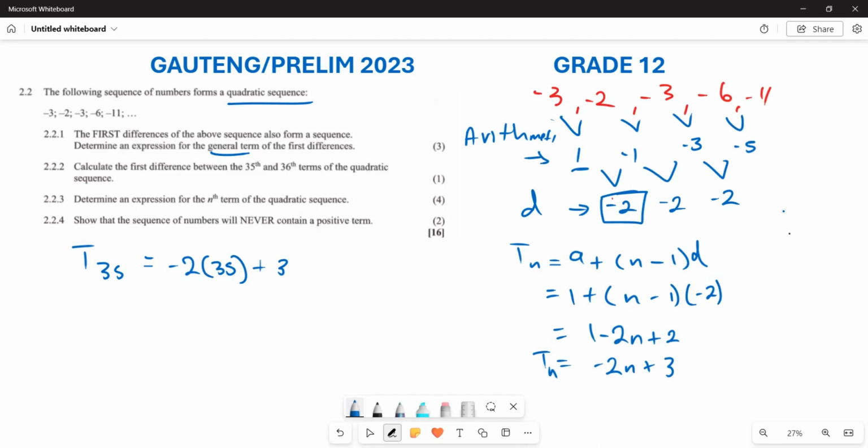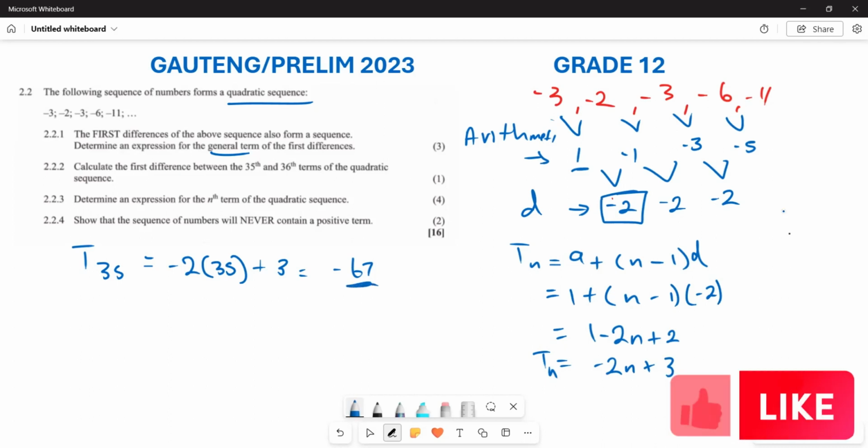The answer is going to be the same as negative 67. So basically that is going to be your term 35. Which means, they say calculate the first difference between the 35th and the 36th term, so the difference here is going to be this -67. Why are we saying this is -67?